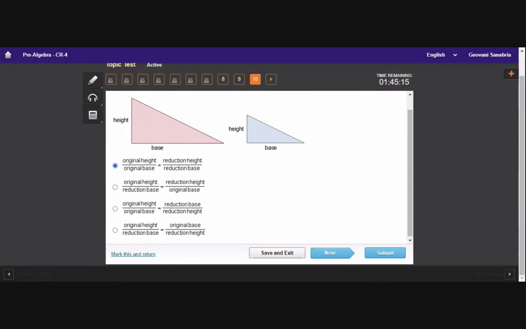On the left side it was all original, and on the right side it was all reduction, but still height on top, base on bottom. If you did it the other way, with original height over reduction height, then on the right side it would also have to be original over reduction, except both would be base. Yeah, you got it.